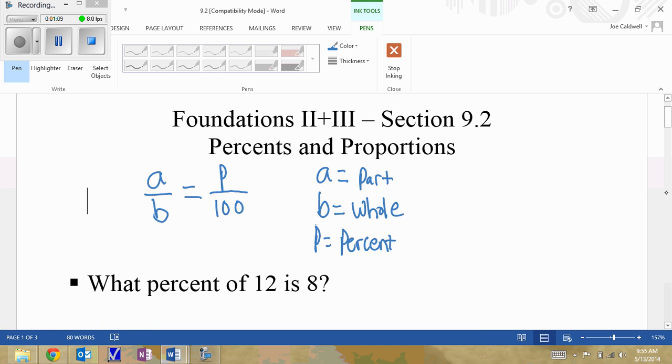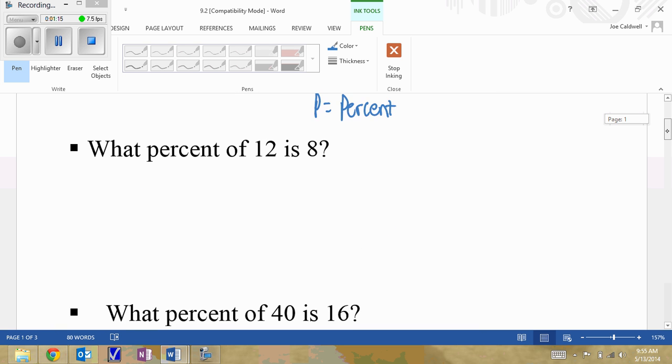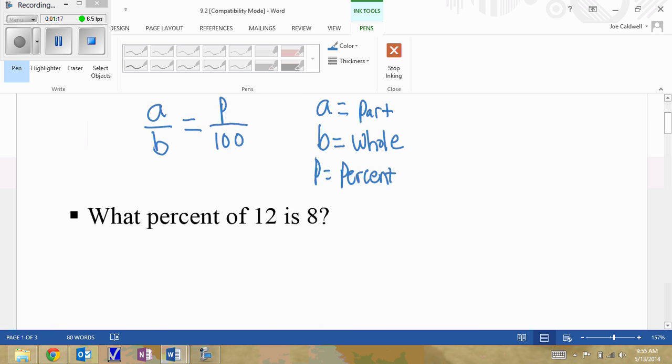And so what we have here on our first question, it asks, what percent of 12 is 8? The way this question is phrased, that word percent, that's what we're going to be trying to look for there.